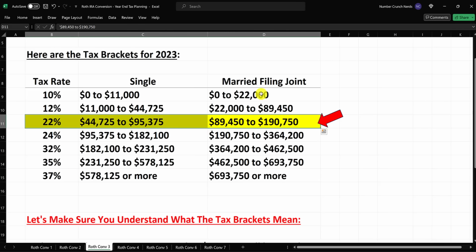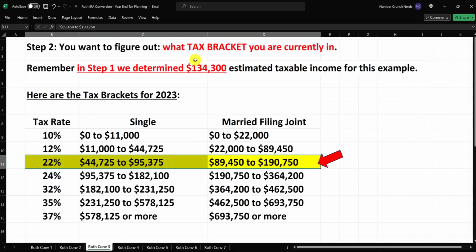It means the first $22,000 for married filing joint is taxed at 10%. The next $67,000 approximately is taxed at 12%, and then the next $100,000, which is right between these two numbers, is taxed at 22%. So we're going to take our number, $134,300, and apply these tax brackets, see where we're at from a tax perspective, and then look at doing a conversion from a traditional IRA to a Roth.